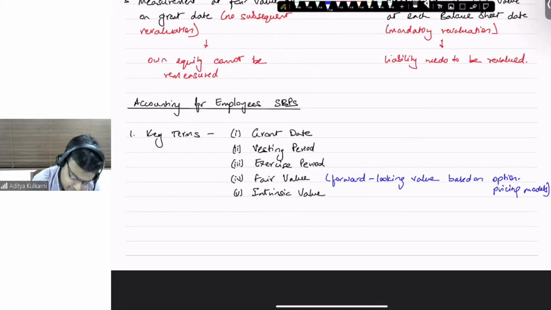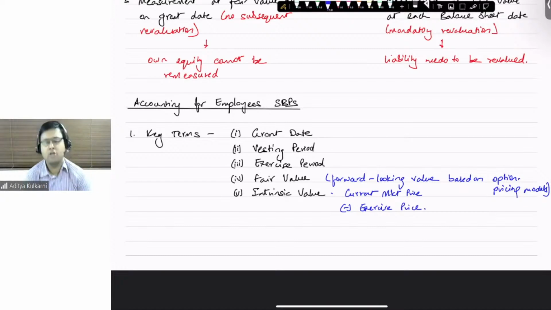Okay, intrinsic value is nothing but current market price minus exercise price. So your options will always be calculated based on the fair value, not the intrinsic value.